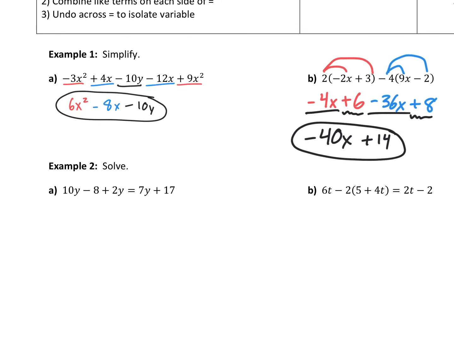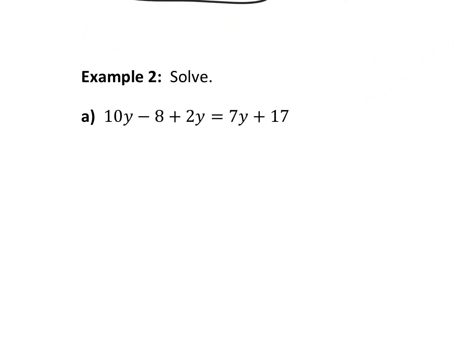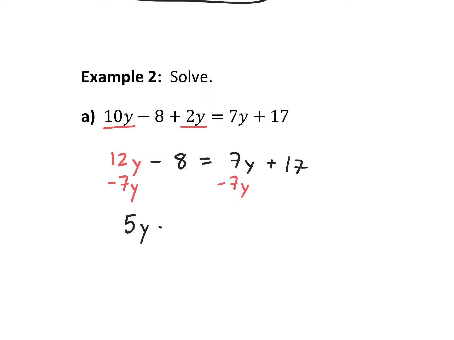We're going to go down to example 2 where we are solving now. So we still have some like terms to look out for. So 10y and 2y make 12y, and then bring everything else down. I personally do not like variables on the right side, so I will subtract 7y on both sides, and that will make 5y minus 8 equals 17.